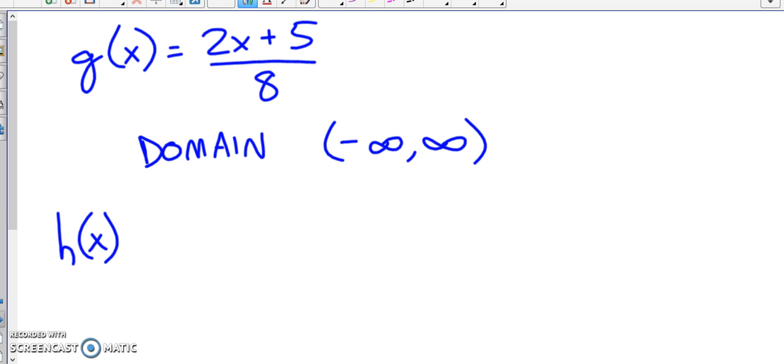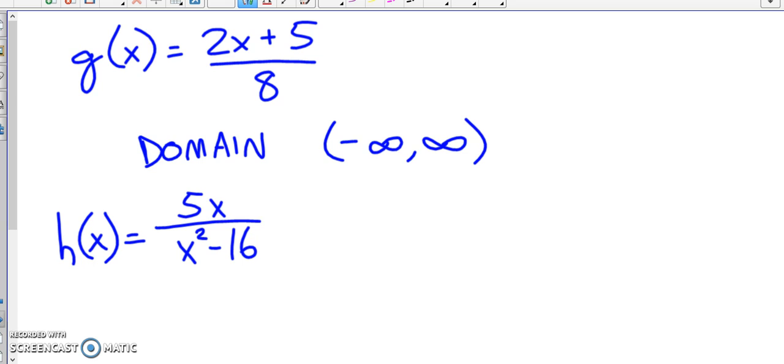All right. So how about h? 5x over x squared minus 16. Well, in order to figure out where the denominator is equal to 0 on that one, we need to figure out where x squared minus 16 is equal to 0.